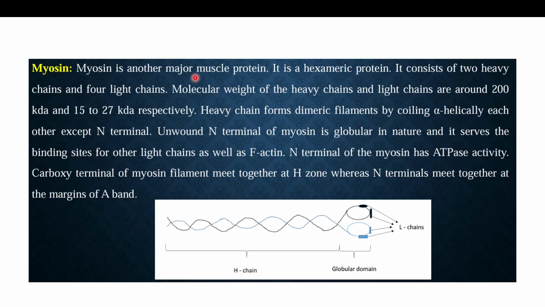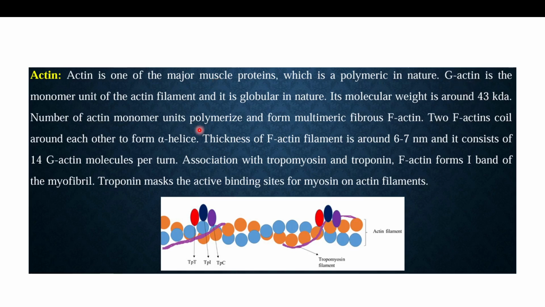Now, if we talk about myosin, which is another major muscle protein, it is hexameric in nature. Again, if we talk simply, actin we looked at, G actin is the monomeric form, and two polymerized filamentous actins can coil around each other to form an alpha helix, right?